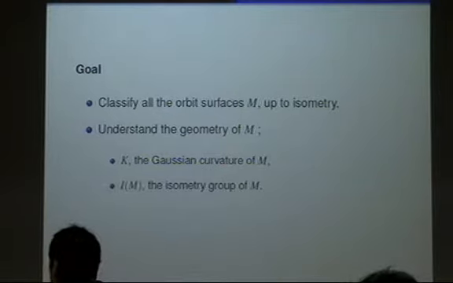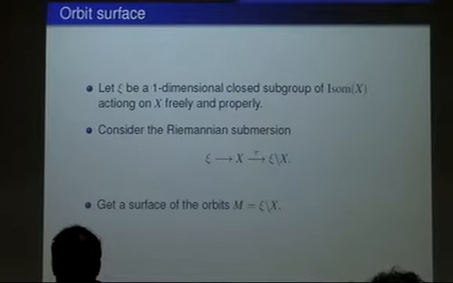Because the action is free, there is no singularity, and the orbit surface is Hausdorff because of the properties. So the basic two things that I want to know about the orbit surface are the Gaussian curvature, and next, how to get the group of isometry of M by using the fibration as I showed you before. By using this fibration, I can calculate some symmetry of the base orbit surface.